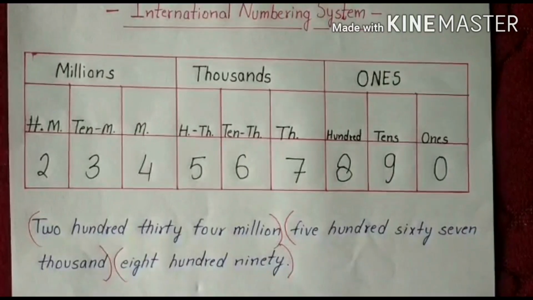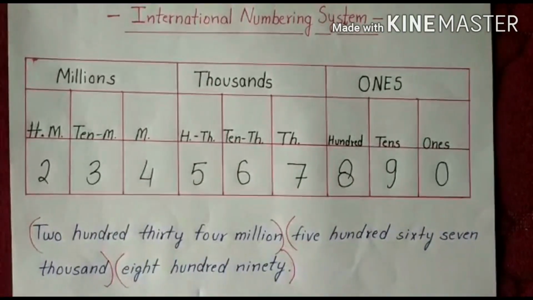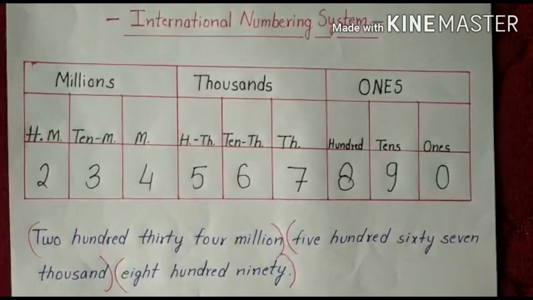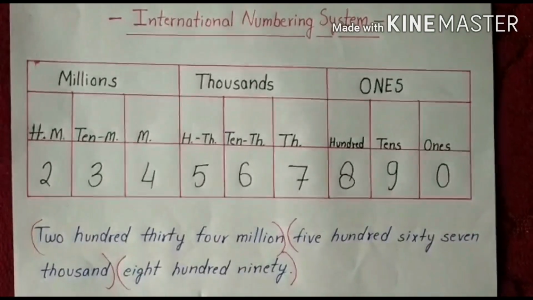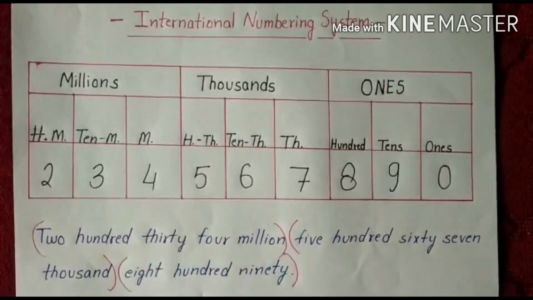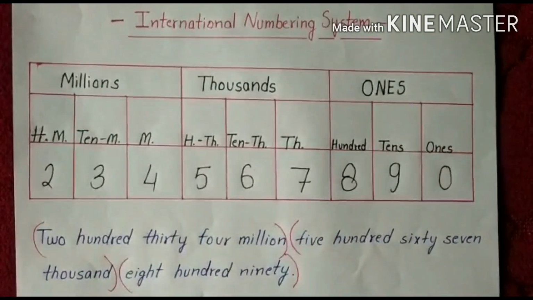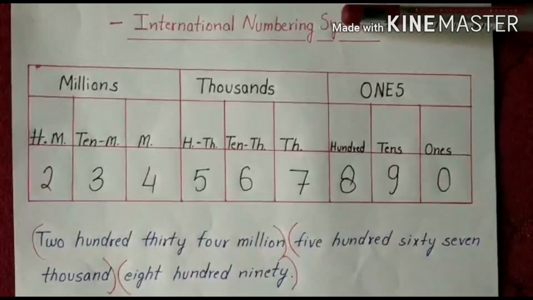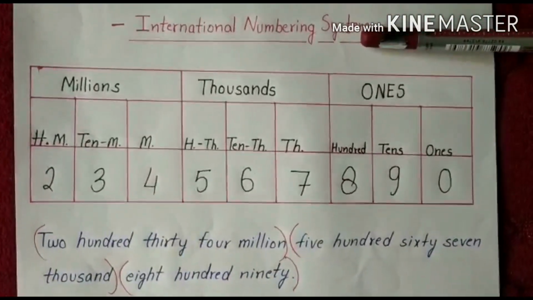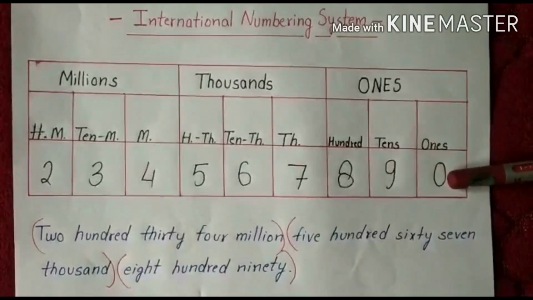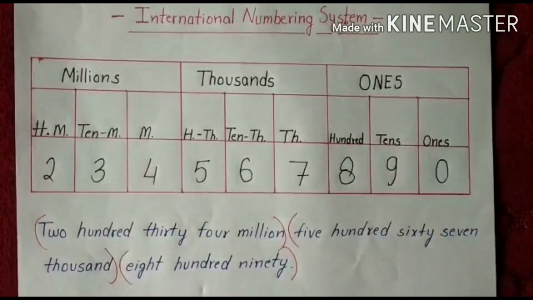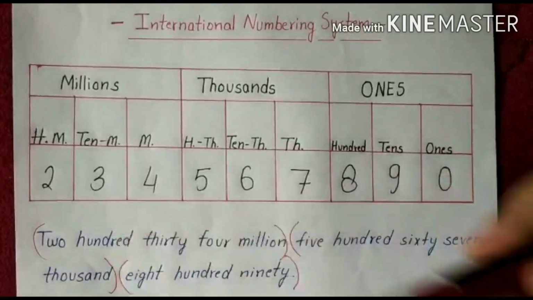We are taking the same example we discussed for the Indian numbering system. Thus the difference is how we divide the digits. Again, in the international numbering system, we start grouping the number from the right in a group of 3, again a group of 3, and so on.